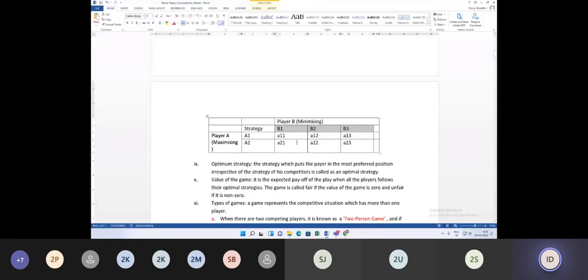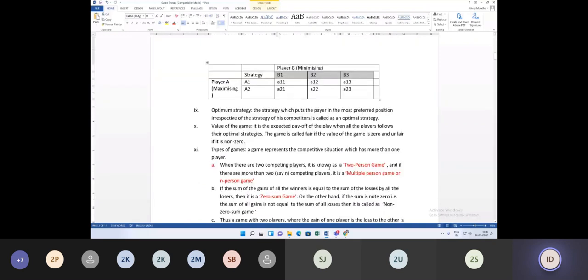There are three strategies. So now player A has an option to select either strategy A1 or strategy A2. Similarly, player B has an option to minimize the loss. That is, there are three strategies: B1, B2, B3. So player B may opt for B1, B2, or B3.